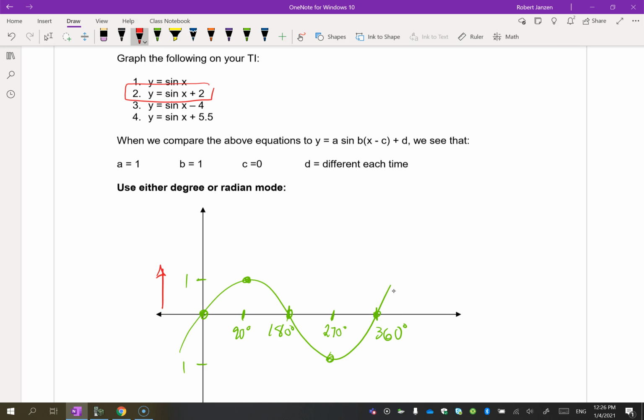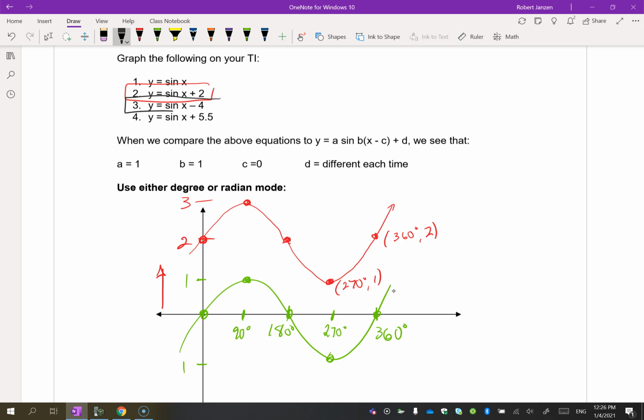So if I go up 2, that will be there. This one will be at 3, 2, 1, and back to 2. So if I were looking at what is this point, this is 360, 2. What is this one? 270, 1, etc.